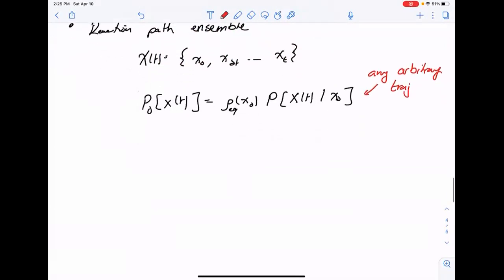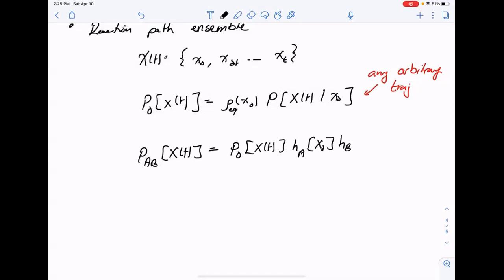We can filter out only those trajectories which do something interesting, like go between A and B, by conditioning, taking our initial path probability and setting the weight to 0 for all of them that don't start in A and don't end in B. Now, if we do that, P is no longer normalized. So there is some new normalization constant, call it Z_AB.